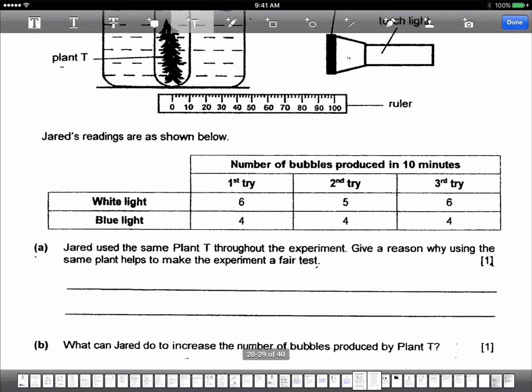Okay, very good. In this experiment, they're trying to find out if the color of the light will affect the number of bubbles produced.